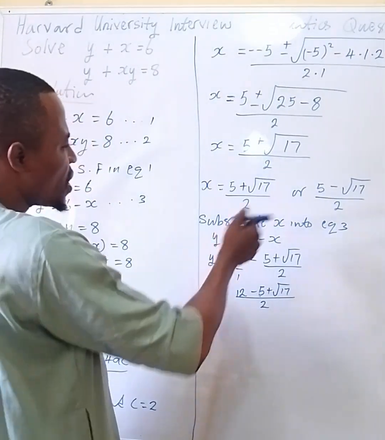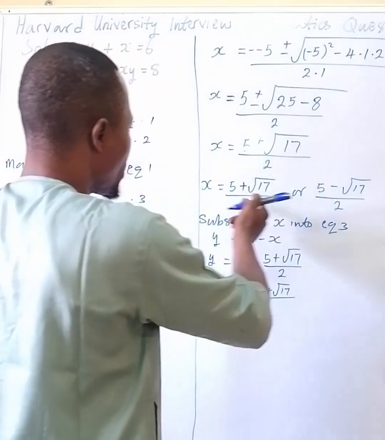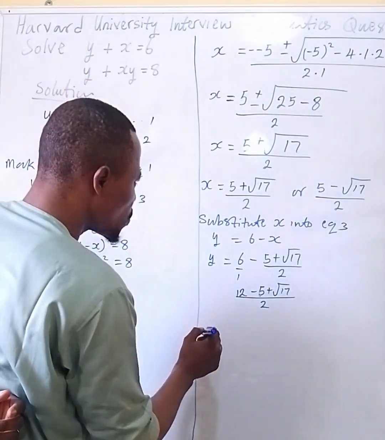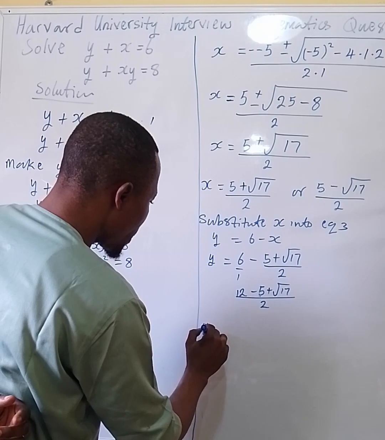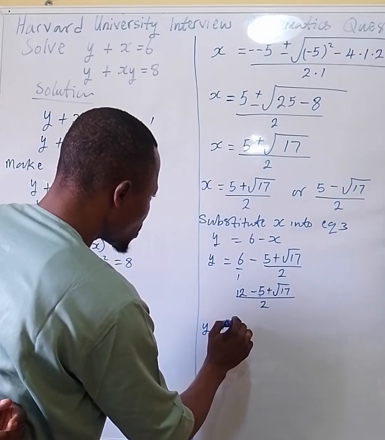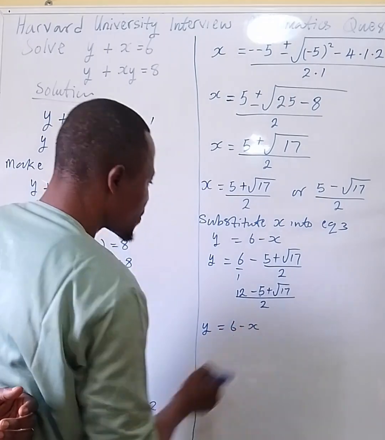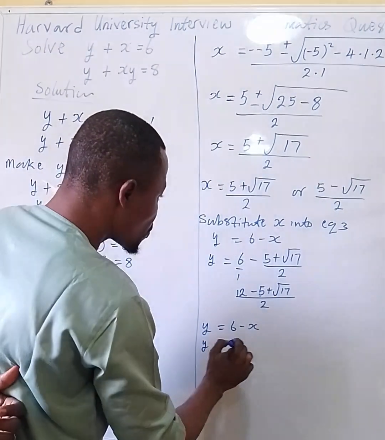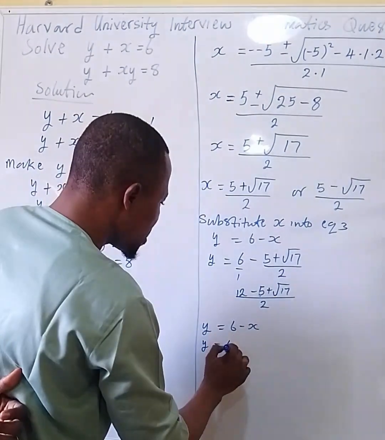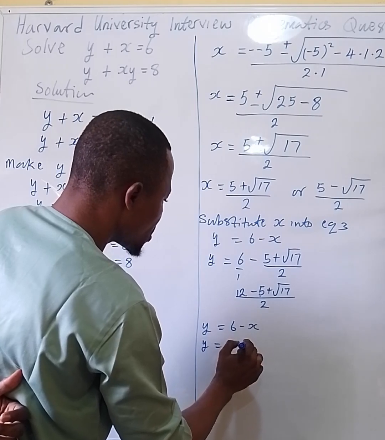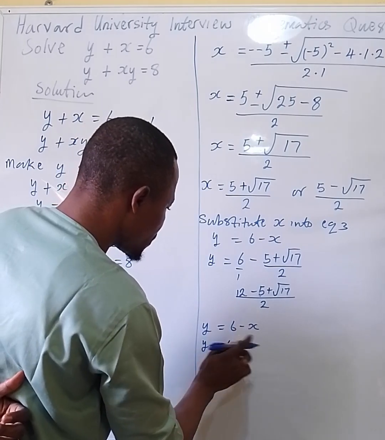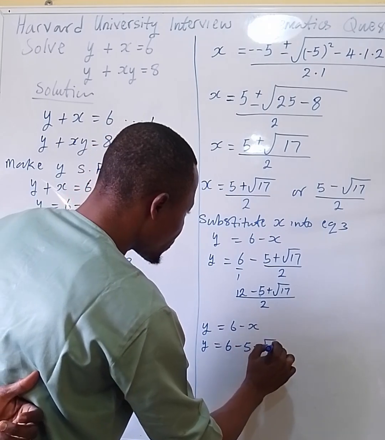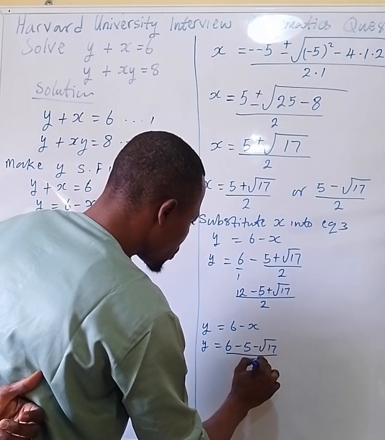So now you test for the second one. The first one was for positive, the second one is for negative. So y equals 6 minus x, and the x we are going to use now is y equals 6 minus 5 minus root 17, everything over 2.